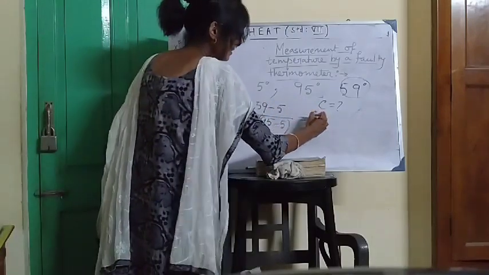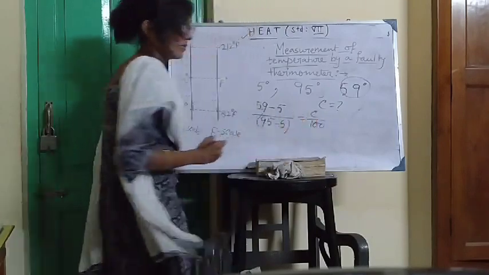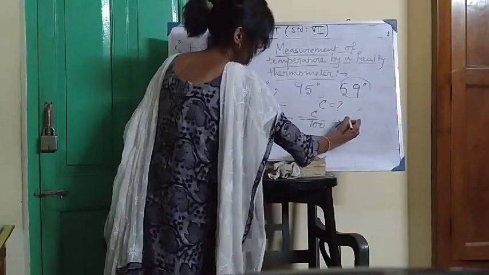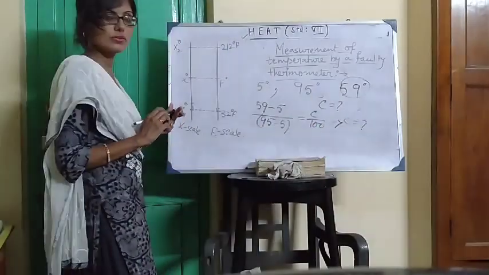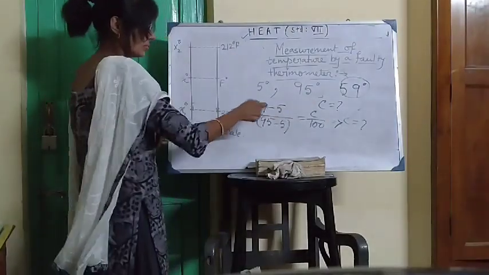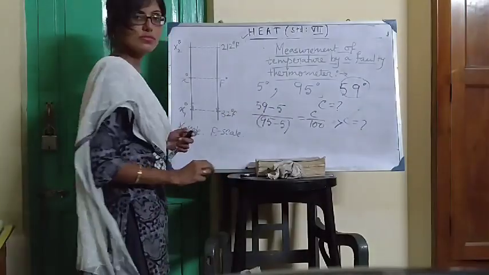So C minus 0, that is C, divided by 100. Right? From this relation, you can easily find the value of C. I am not going to solve it because it is very easy. C by 100, cross multiplication, 100 will come in the numerator of the left hand side, and then from this relation find the value of C.